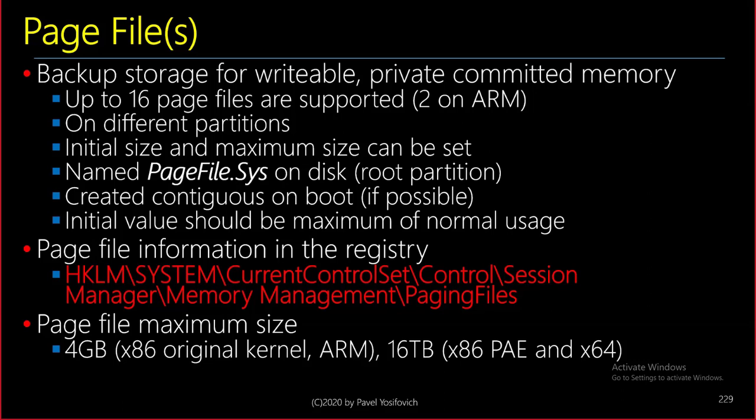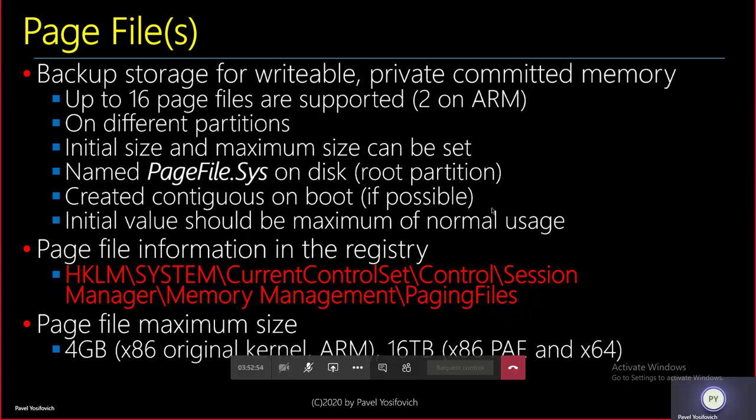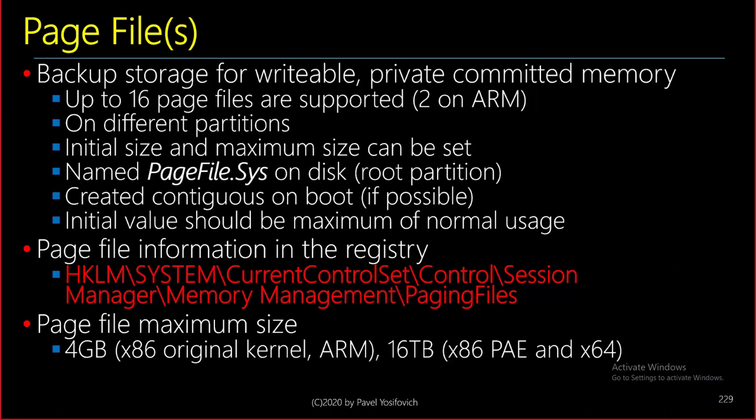It really makes sense to look at your usual workload and configure the initial file size to be just like your normal workload, and the maximum size a bit more than that so that you can handle spikes in your work. And so basing stuff on the RAM really doesn't make any sense.